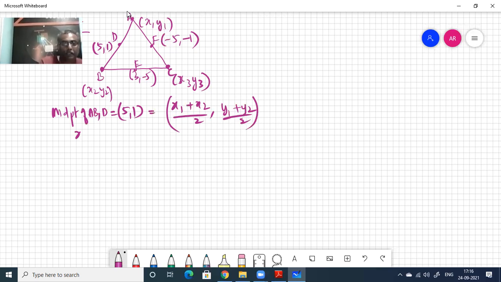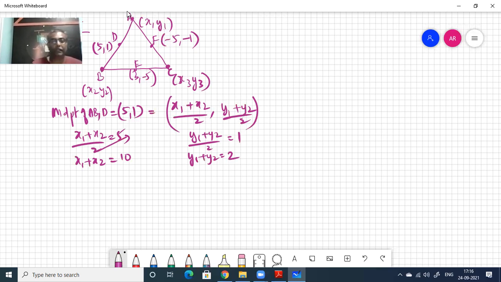That means (x1 plus x2) by 2 is equal to 5 and (y1 plus y2) by 2 is equal to 1. So x1 plus x2 is equal to 5 into 2, which is 10, and y1 plus y2 is equal to 2. That is one equation you have got.